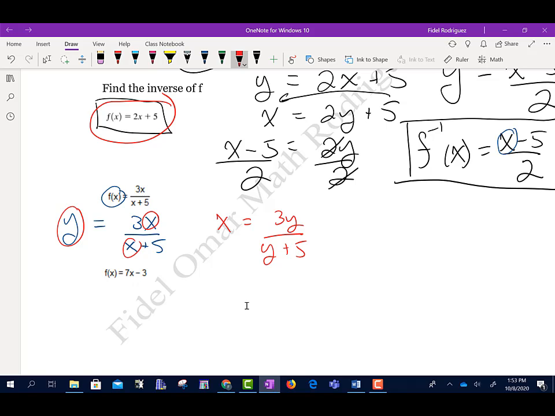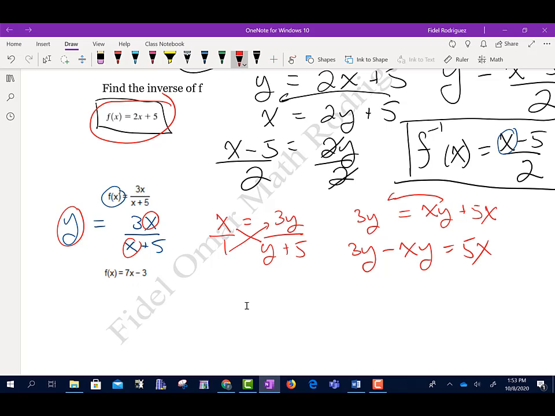So the first thing I'm going to do, guys, I'm going to think of this as a fraction over 1, and we're going to cross multiply. So I know 1 times 3y is still 3y. X times this is going to give me xy plus 5x, okay? I want to solve for y, so I'm going to move this guy over here because I want to get all my y's together.